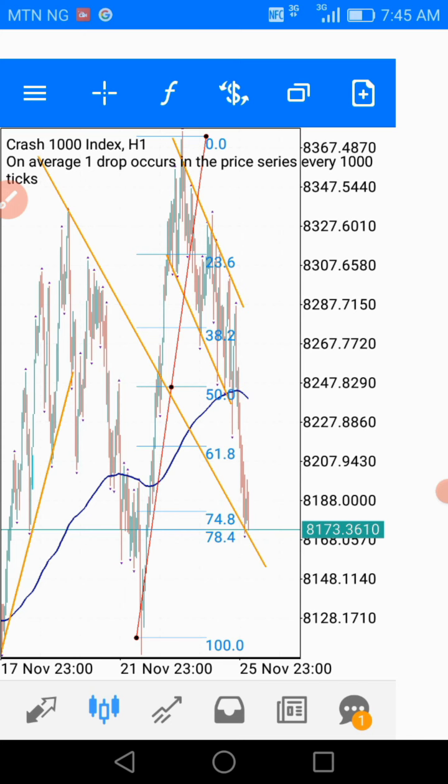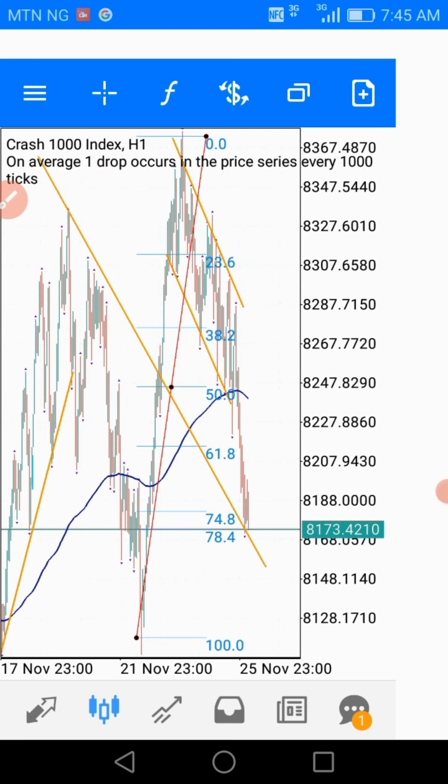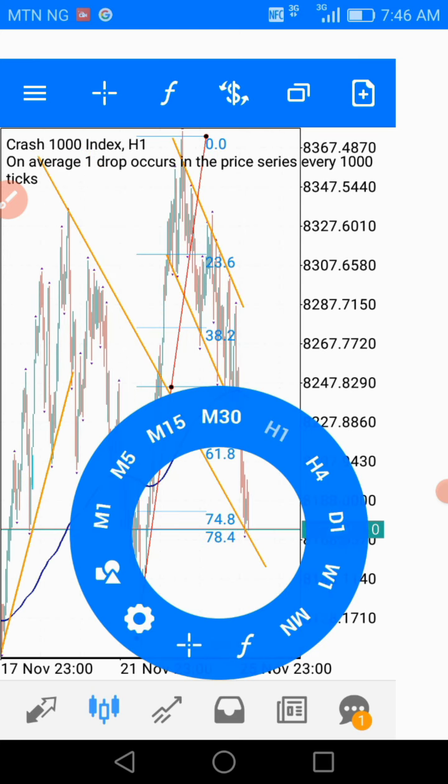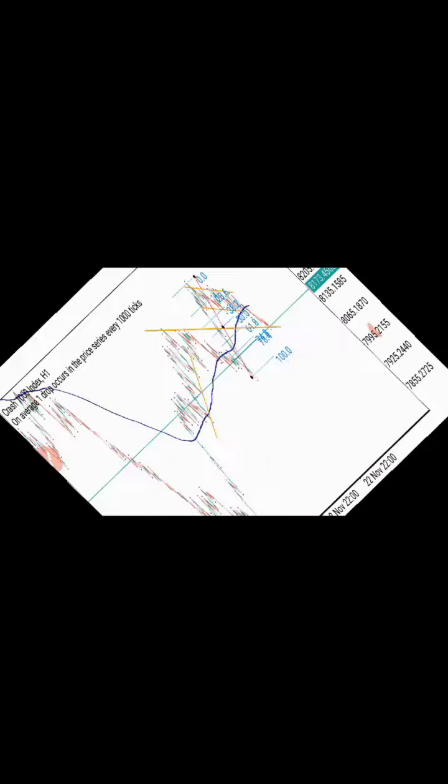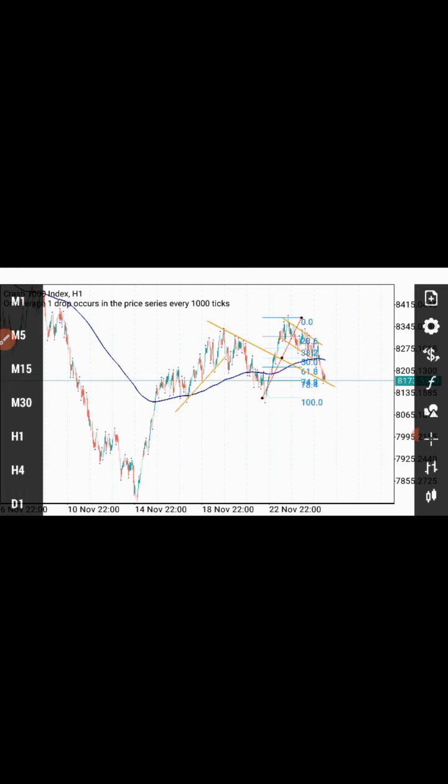We can go landscape to do this, but I don't want to do that right now. Now, is this place a verified resistance or a support level? Yeah, let's check. Now let's go landscape and see what is happening. Okay. Yes, it is to a large extent.